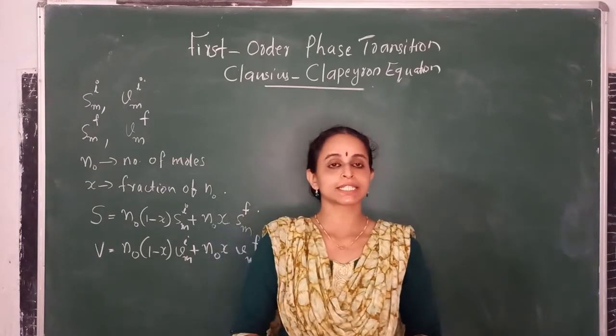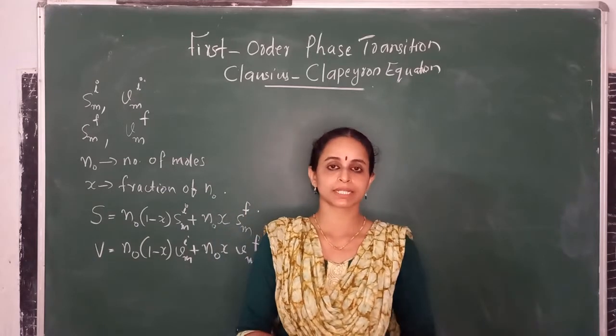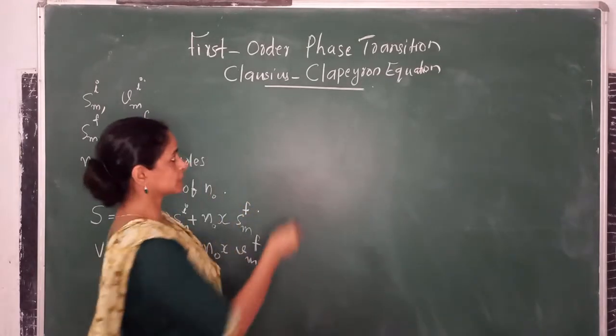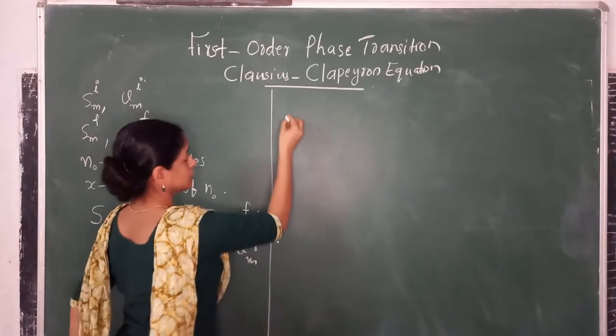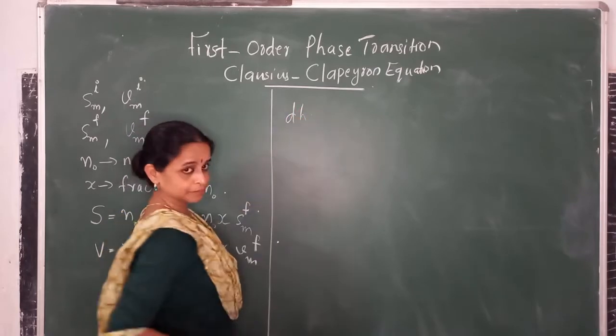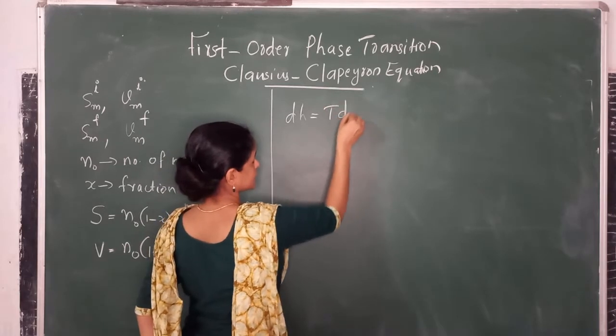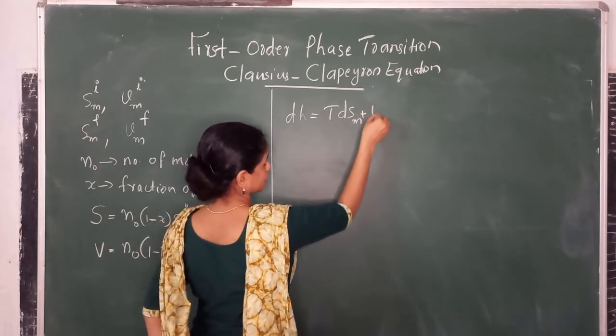If the phase transition occurs at constant pressure and temperature, we can write the molar enthalpy equation, that is dH equals TdSm plus VdP.